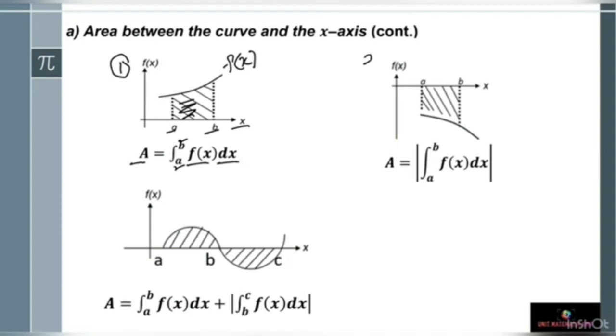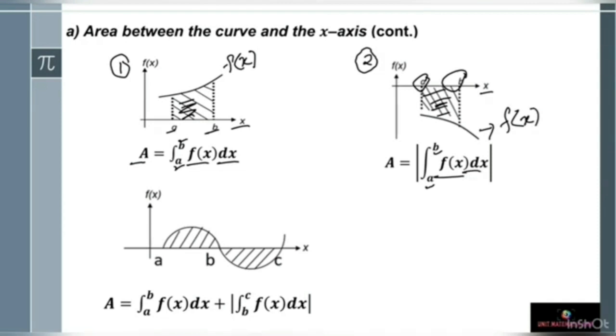For the second case, this is our region and our region is below the x-axis. So when we want to find the area of this region, we have to take integration from a to b for the function f(x) with respect to dx.